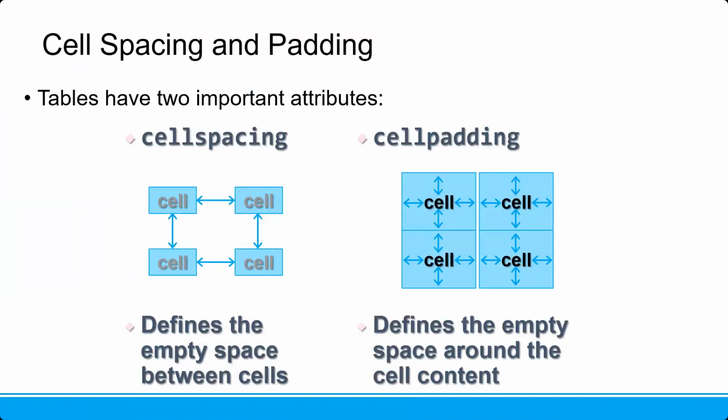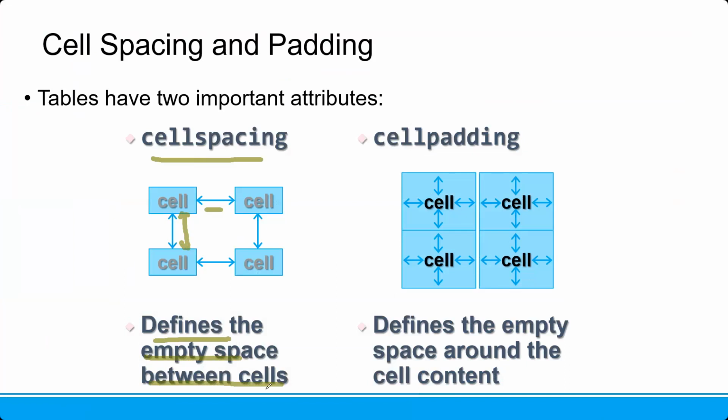For the first table that I mentioned to you, we have the cell spacing and we have the cell padding. So the cell spacing means I want to have some space between the cells. It defines the empty space between the cells.